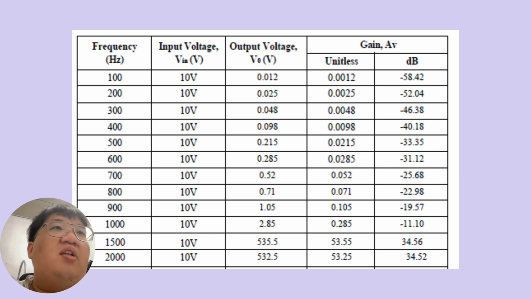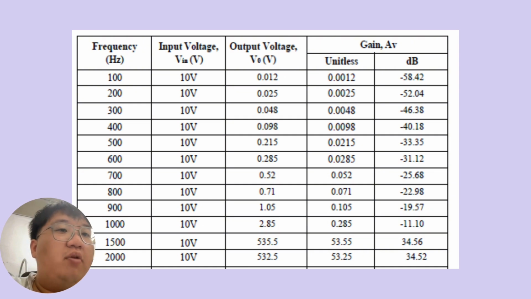And then to get the dB gain, the formula of dB gain is 20 log10 of the gain. So after that, you'll get the value, which is negative 58.42. Okay, after that, we'll continue increasing the frequency from the function generator.